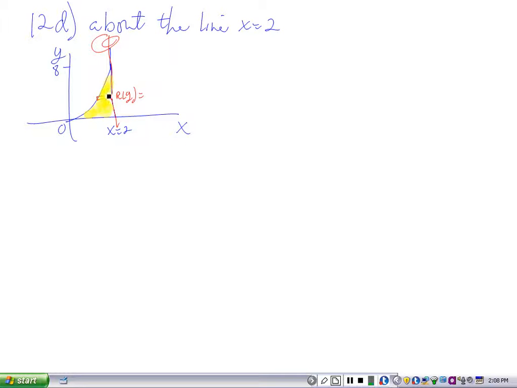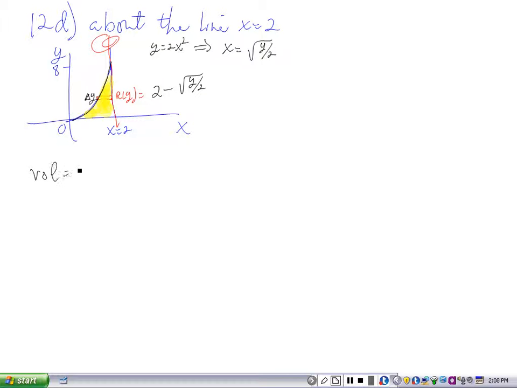So this R of y, watch it, this guy is 2 minus the curve. But the curve now in terms of y, because the thickness is delta y. So we were given y equal to 2 times x squared, and this implies that x was equal to the square root of y over 2. So this is 2 minus the square root of y over 2.